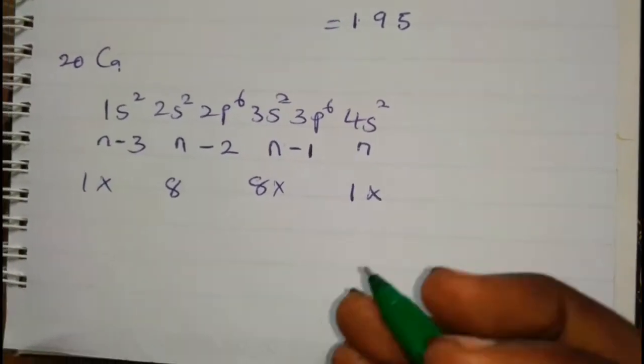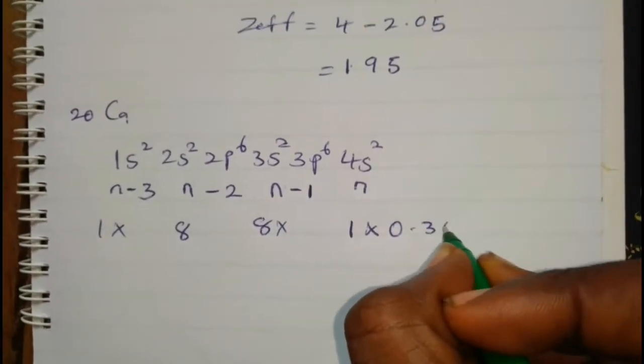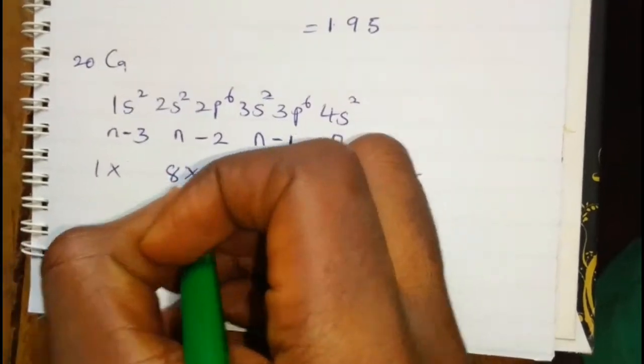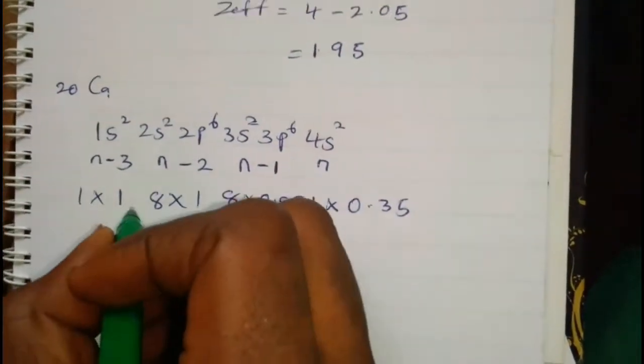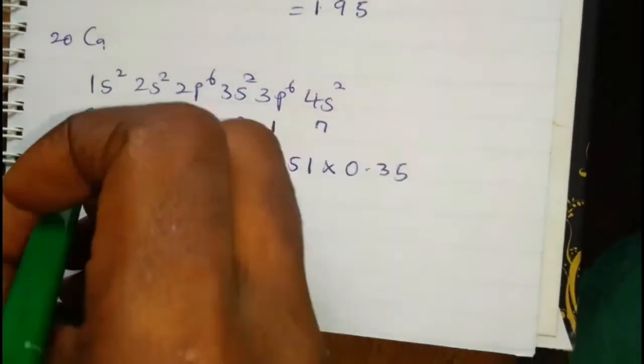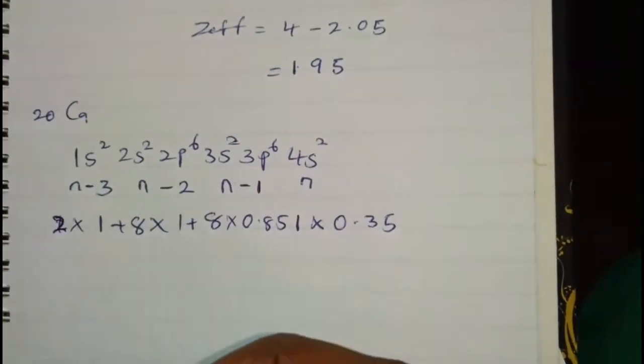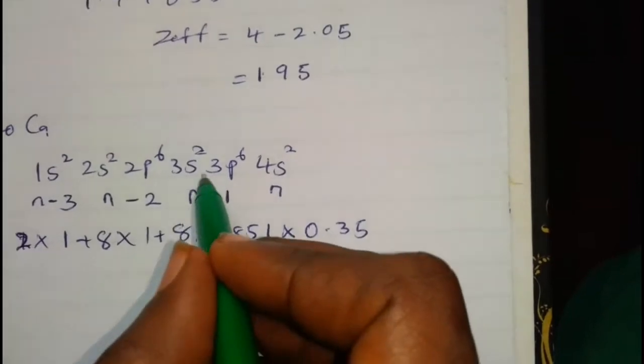This one will be 0.35, this one will be 0.85, this one will be 1, this one will be 1. So, no, sorry, this one will be 2 because the electron count is 2. I'm sorry, 2 times 1. This one electron is 8, this one electron is 8, this one electron is 1.